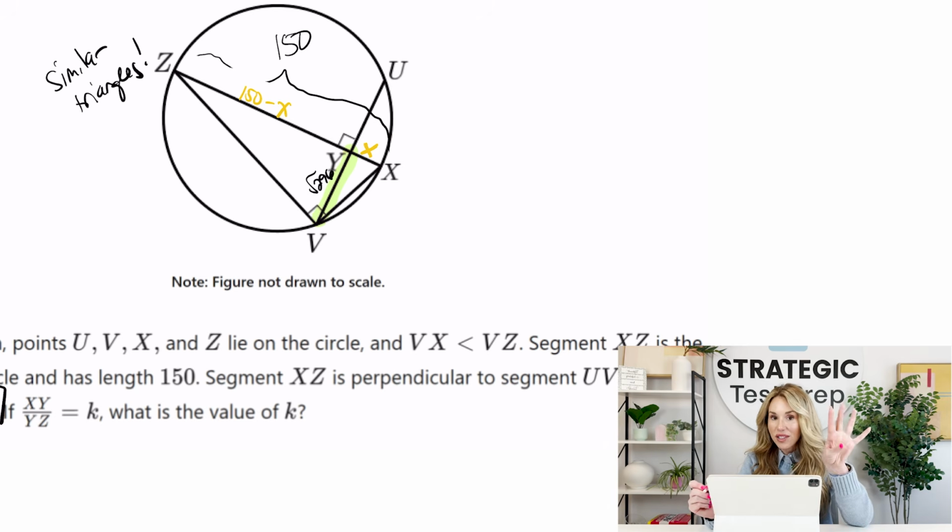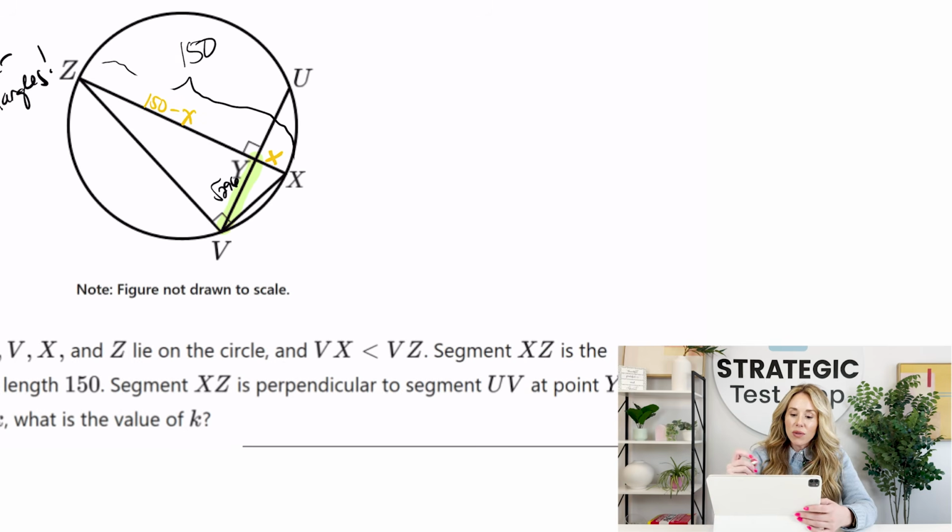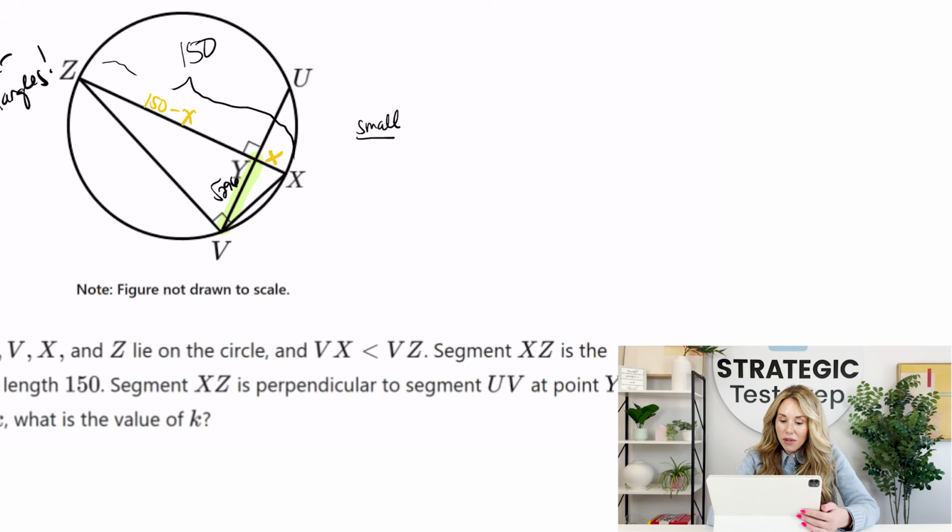I need 4 sides, 2 for each, to set up a proportion for similar triangles. We're going to be taking the small triangle over the big triangle. I'm going to start with the small triangle's long leg, which is 296.